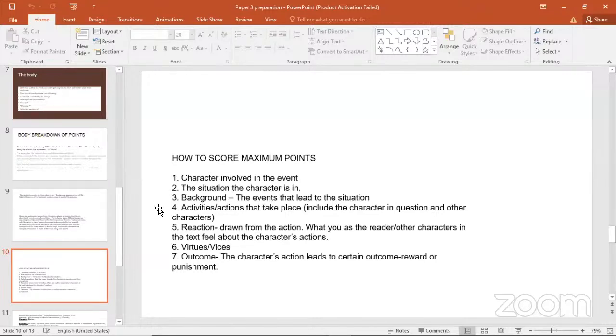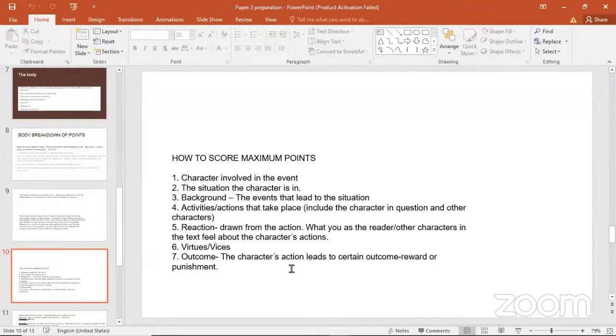If you do the second part correctly, you get a mark. The last part, which involves the clincher sentence and the outcome, is important in that if you capture these 5, 6, 7 points, you get another mark. So it ends up in the 3 marks that we are talking about per paragraph.